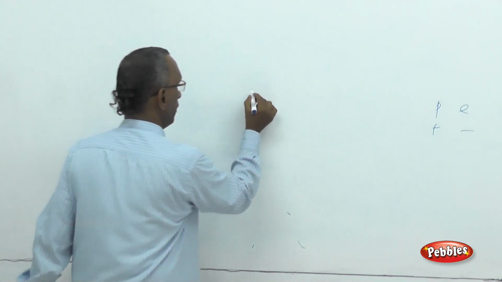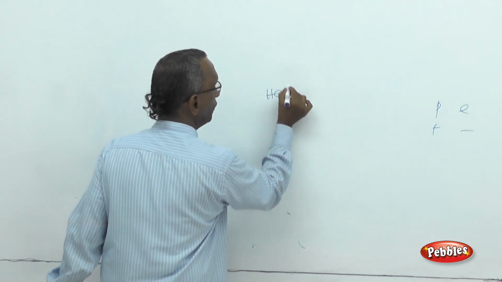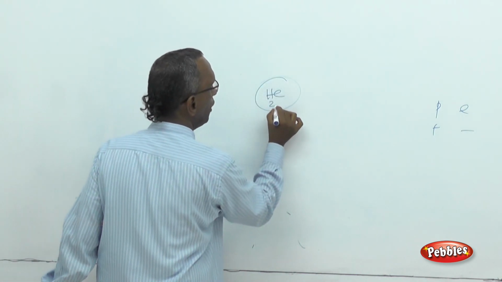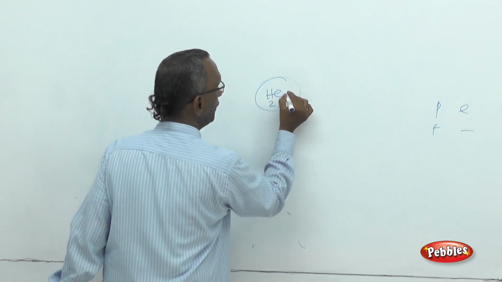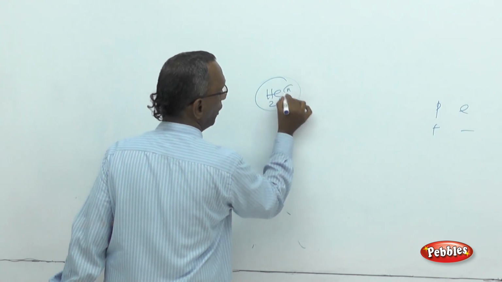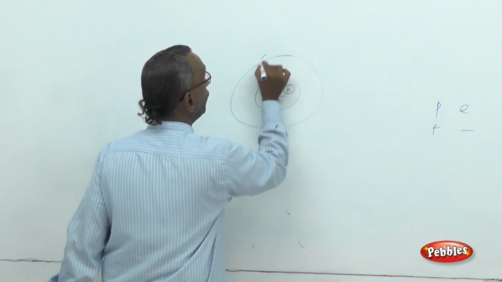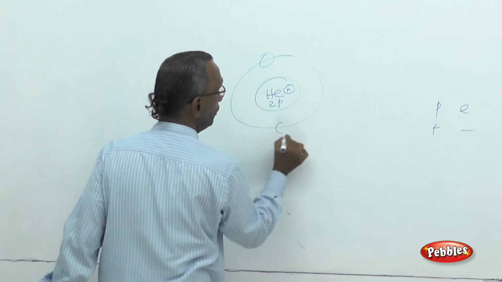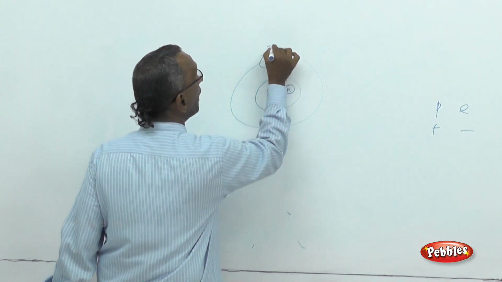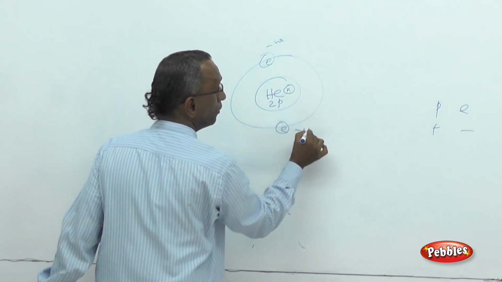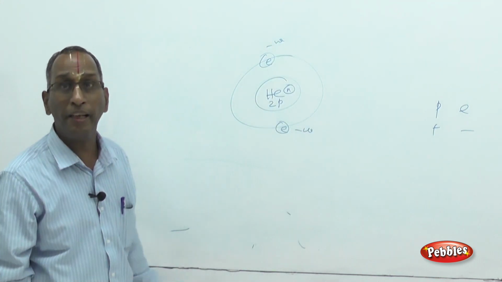Let us take the case of helium. The helium nucleus will contain 2 protons. It may contain some number of neutrons, but outside you have 2 electrons. Both the electrons are negatively charged.